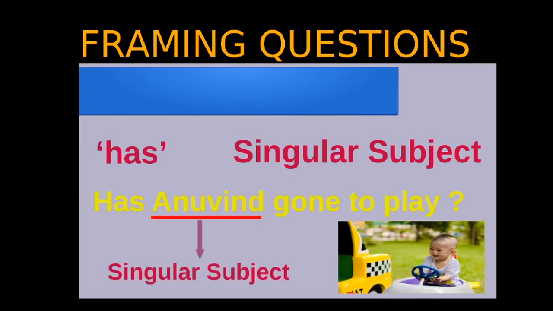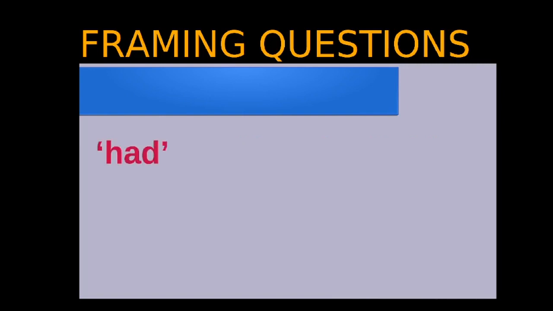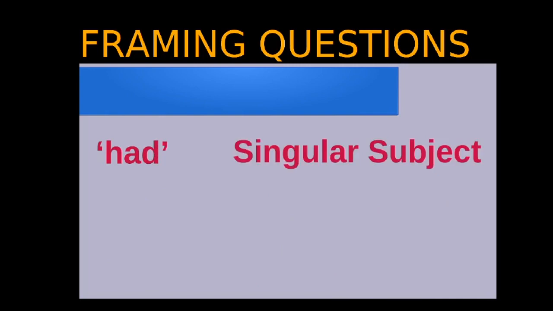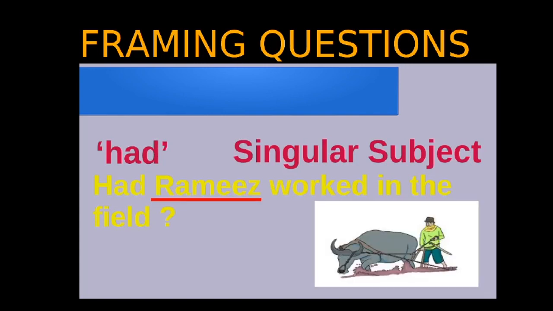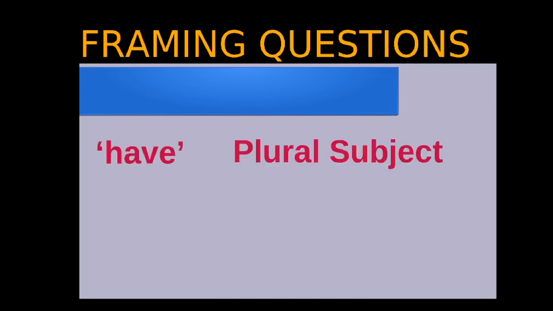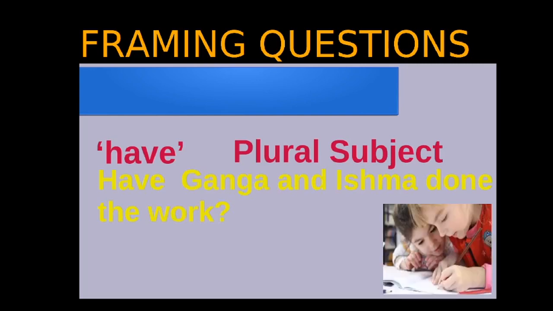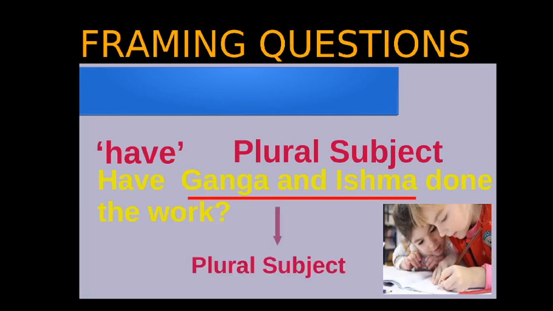So here Anuvind is the singular subject. And had is also used with a singular subject. Had Ramesh worked in the fields? Here Ramesh is a singular subject. And have is used with plural subjects. Have Ganga and Ishma done the work? So you find Ganga and Ishma, which is plural.